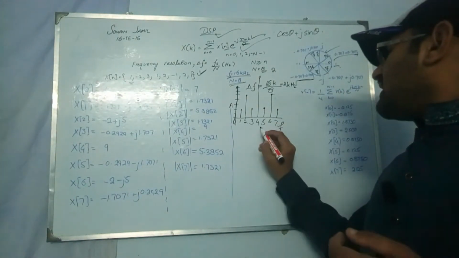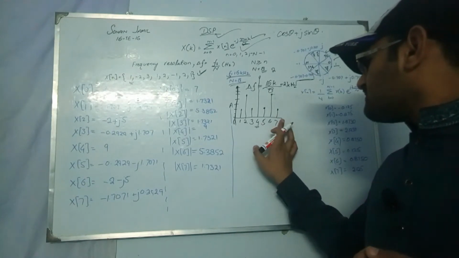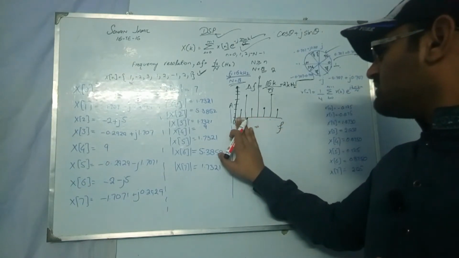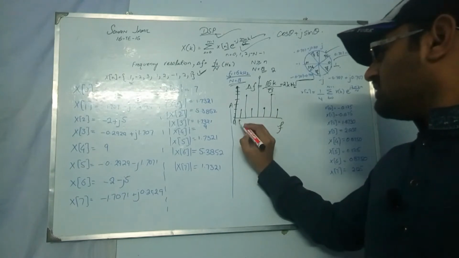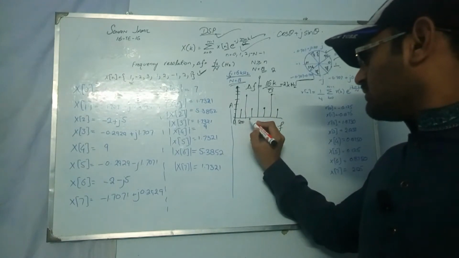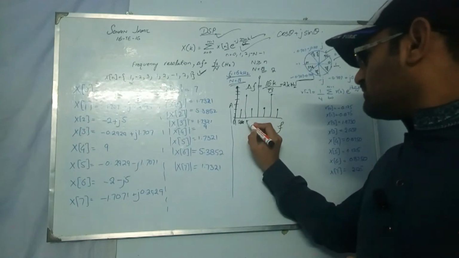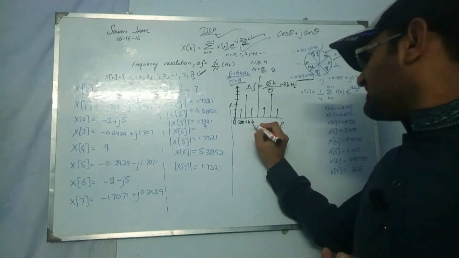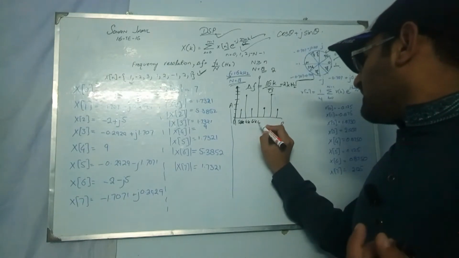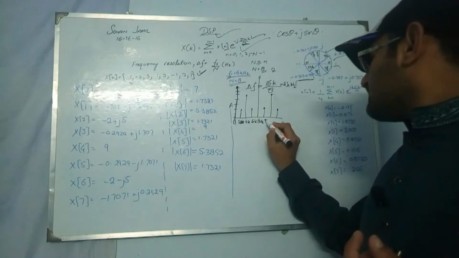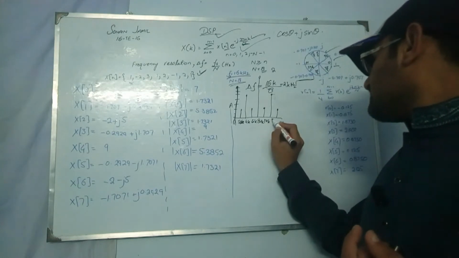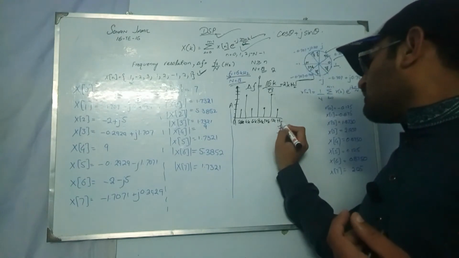Now what will happen if I want to... this is in frequency domain: 2 kilohertz, 4 kilohertz, 6 kilohertz, 8 kilohertz, 10 kilohertz, 12 kilohertz and 14 kilohertz.